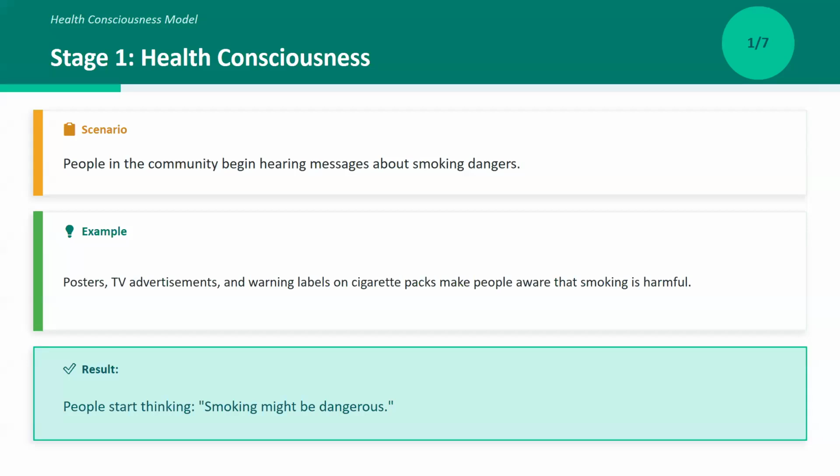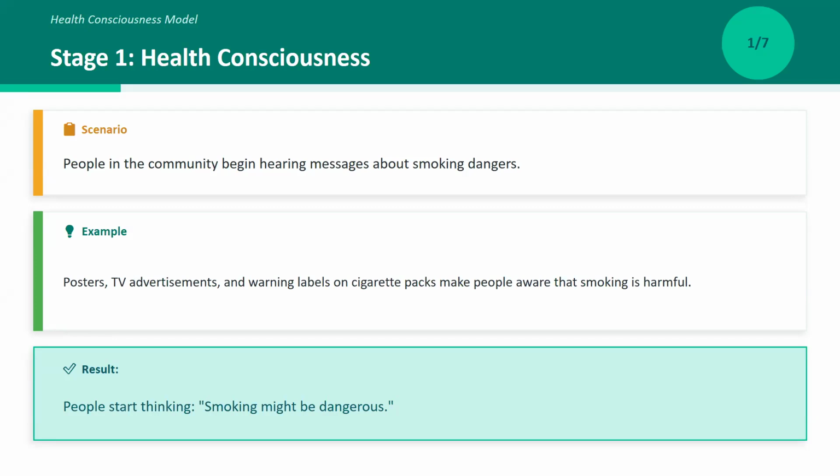So stage one is health consciousness, where people in the community begin hearing messages about smoking dangers. I have taken the example of smoking here. For example, posters, TV advertisements, and warning labels on cigarette packs make people aware that smoking is harmful.